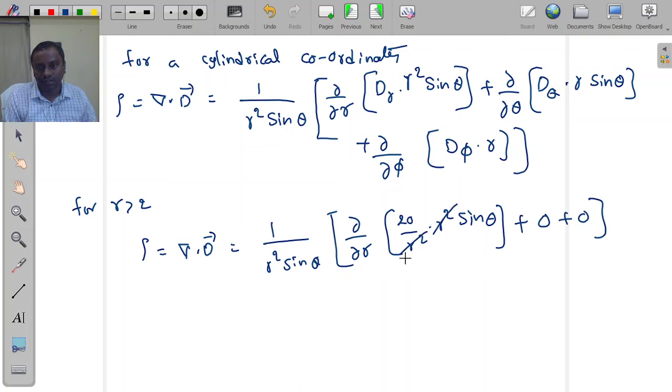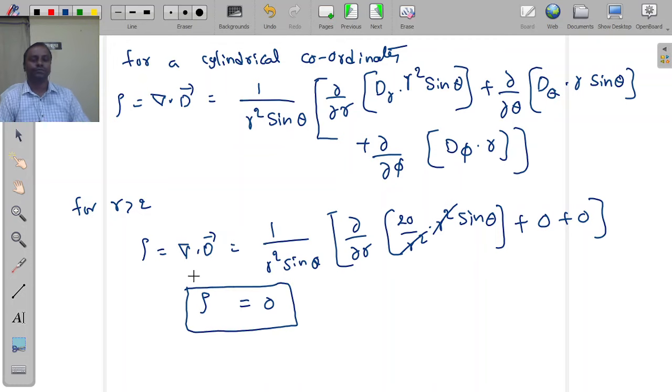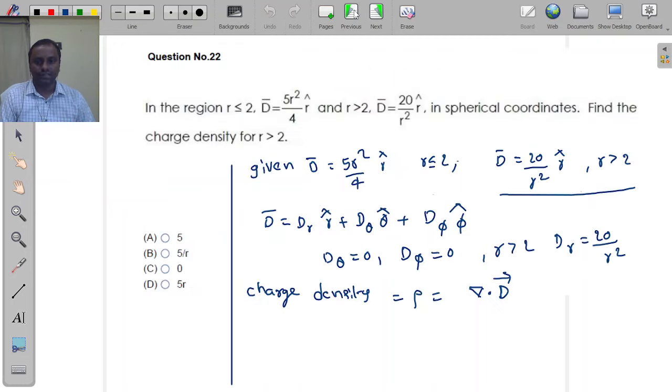This r square gets cancelled, dou by dou r of 20 into sine theta will become 0, so charge density will become 0. So the answer for this is option C.